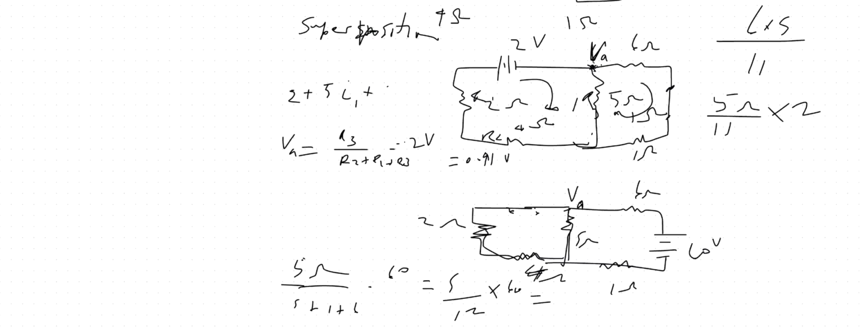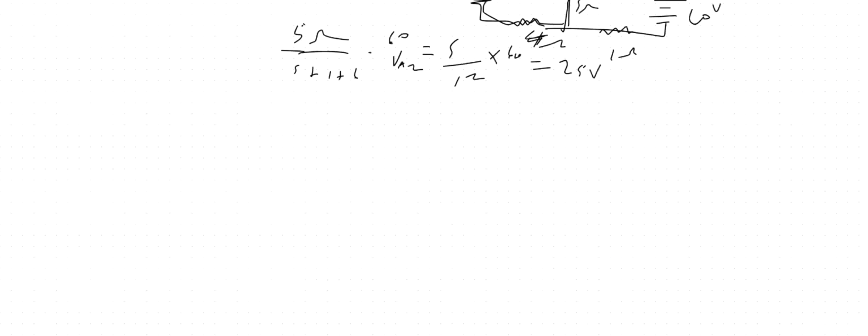All right, so that is VA2, right? This one is VA1, right? So what do I say you gotta do with both of them? You gotta add them, right? So that is 0.9 plus 25.